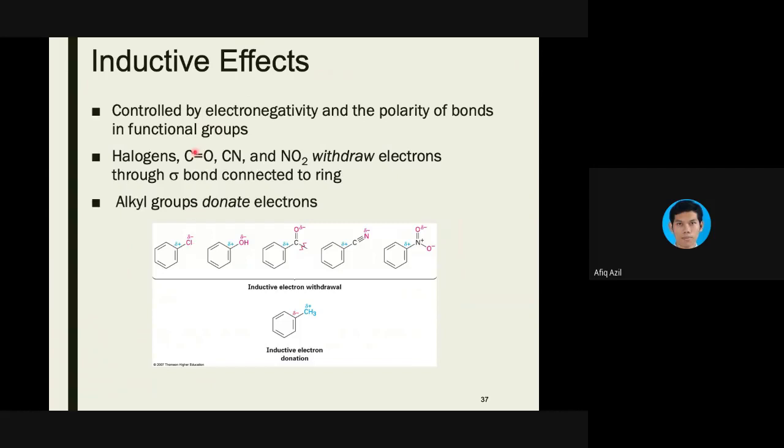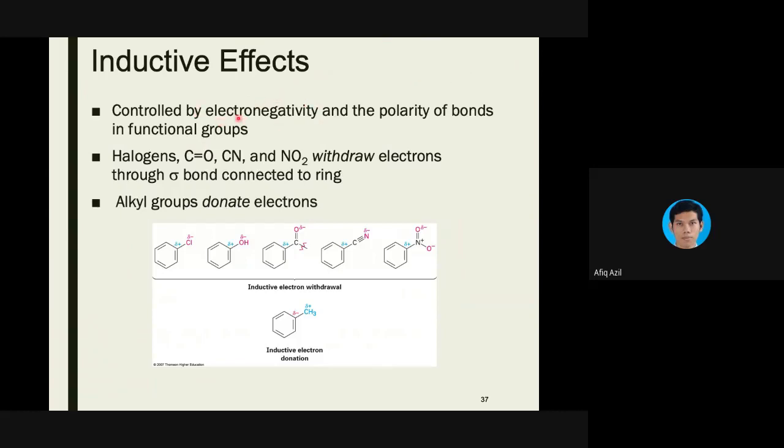So this inductive effect is controlled by electronegativity. If you already forget what electronegativity is, go after this and try to Google it. It is based on the Pauling scale, with fluorine having the highest value of electronegativity, 4.0.